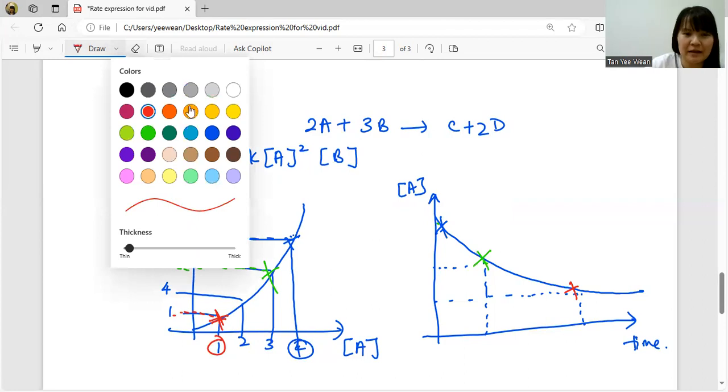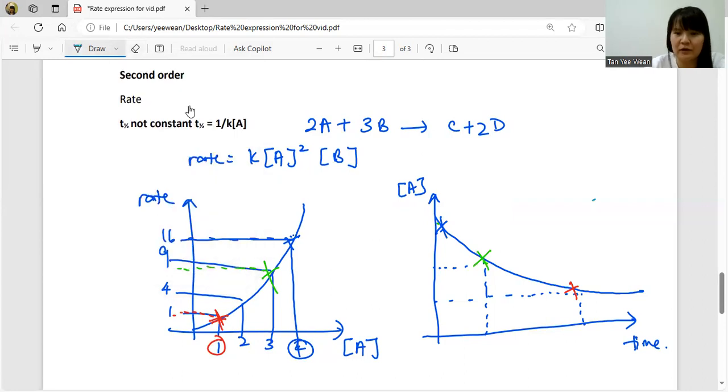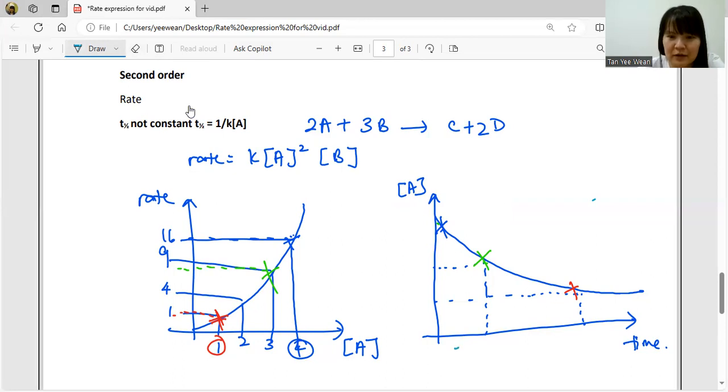Okay, but the thing is, how's it different from the first order graph? The difference is that when A is very concentrated, the half-life is a shorter time. And when the concentration has decreased to this point, it takes a longer time to drop to half.